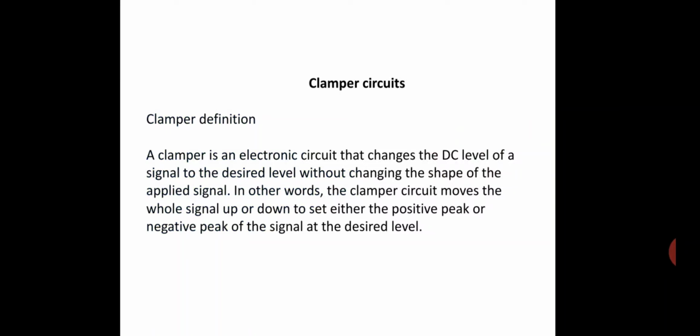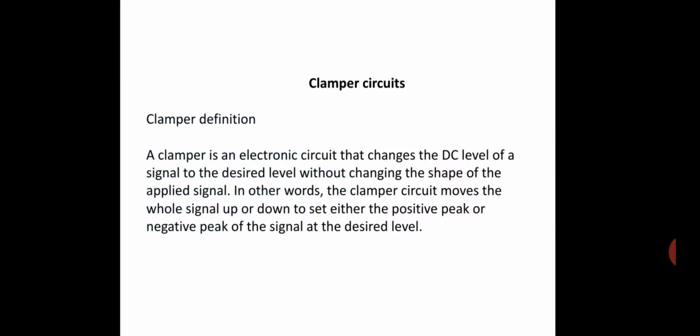So in a clipper we use only a diode and load resistance, but in a clamper circuit we use a diode, load resistance and a capacitor to store charge, and this charge is added to the output and gives more output in comparison to input. We will study clamper circuits in detail. So let's start.